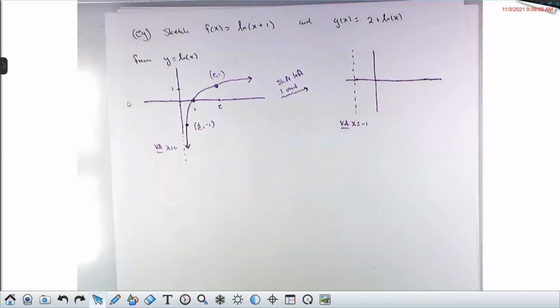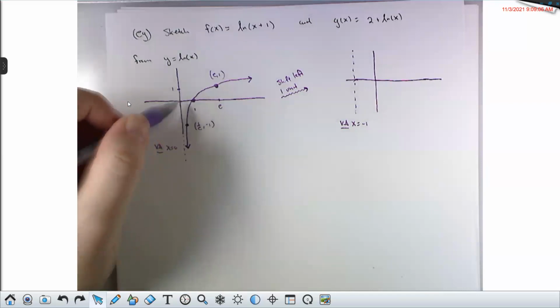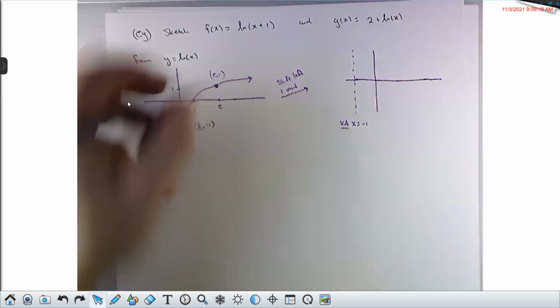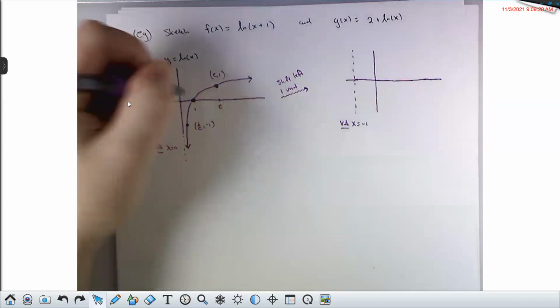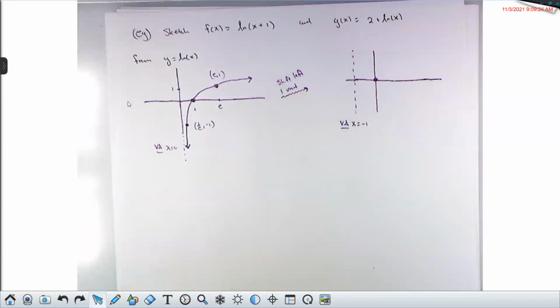If I take the point 1 comma 0 and shift it to the left by 1, what does that become? Zero comma zero. So this graph is going to go through the origin.